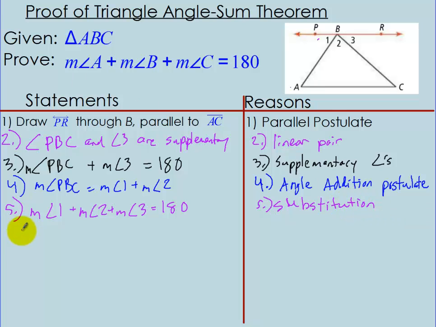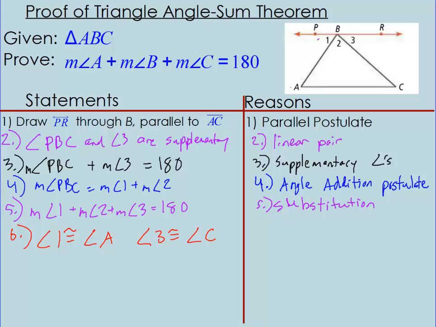Okay, my next step. I know those all add up to 180. A few things I can see from the markings on the triangle are that angle 1 is congruent to angle A, and angle 3 is congruent to angle C. Why can I say that?